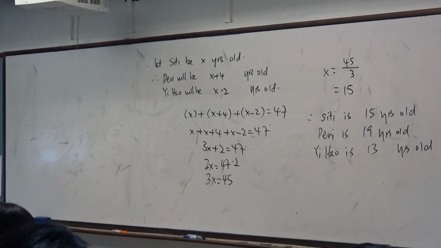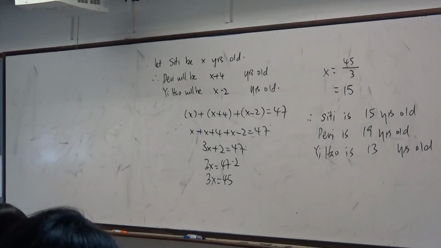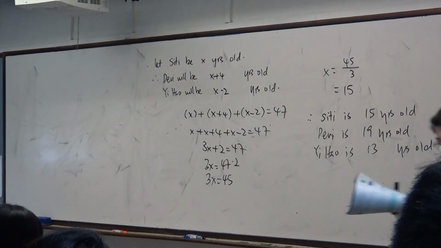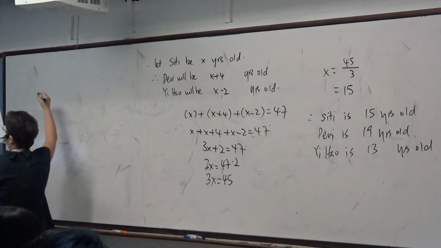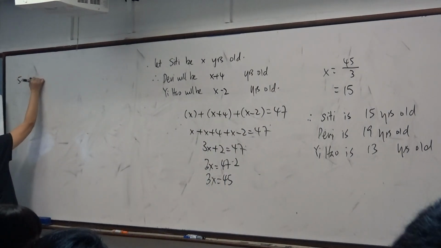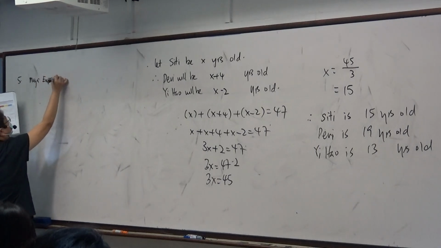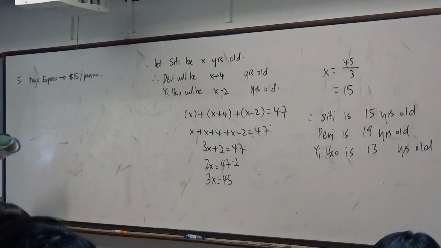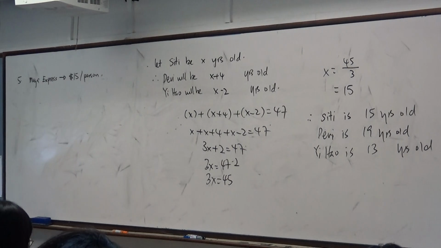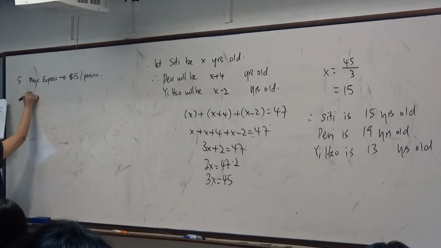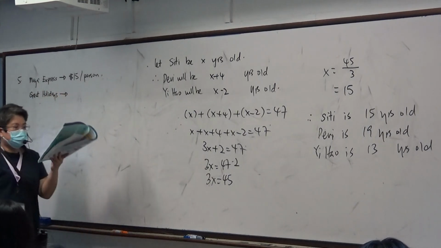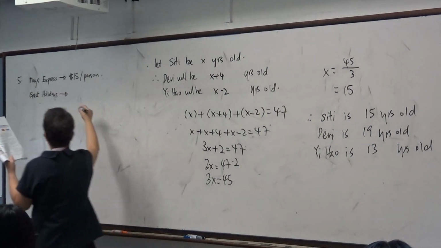The agency received quotations from 2 coach companies. Coach means the big bus. Mayor Express and Great Holidays. Mayor Express charges $15 for each person. So let's write down what Mayor Express does first: Mayor Express charges $15 per person. How about Great Holidays? What did they say about Great Holidays? They charge $12 per person.